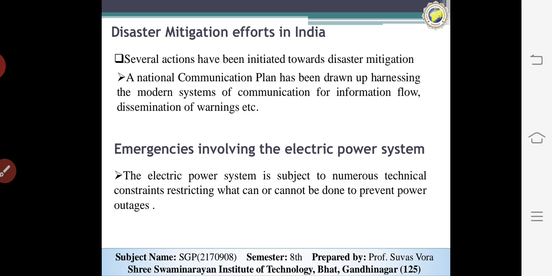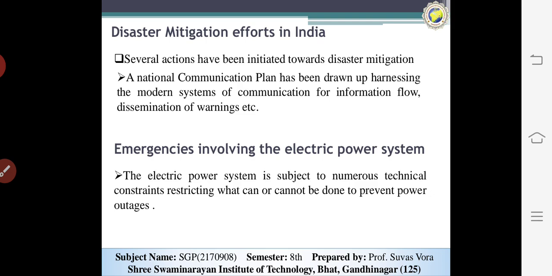For example, if an earthquake arises, at that time we can learn how to rescue, how many people can be rescued, and which kind of medical treatment will be given at the initial level. This is done at different stages and different institute levels, where we can learn these things.